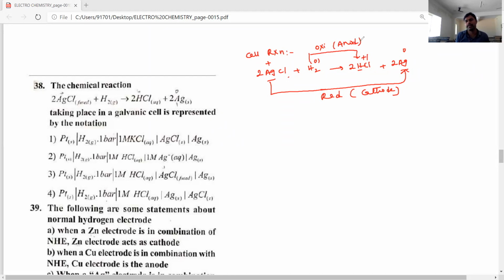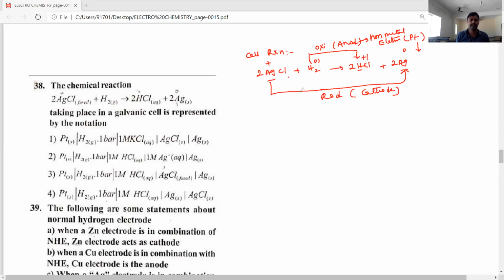Hydrogen is a non-metal electrode. If non-metal electrodes are present, we use platinum, an inert electrode.